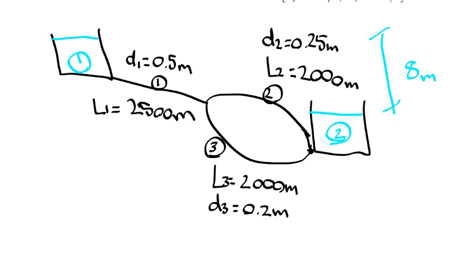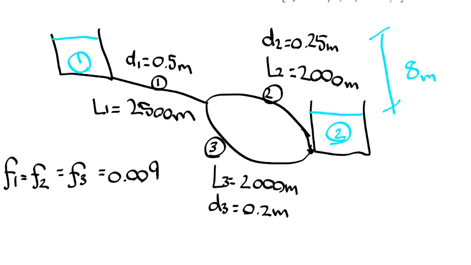You can make a note: f1 equals f2 equals f3 equals 0.009. Now you've got basically everything you need to do this problem.